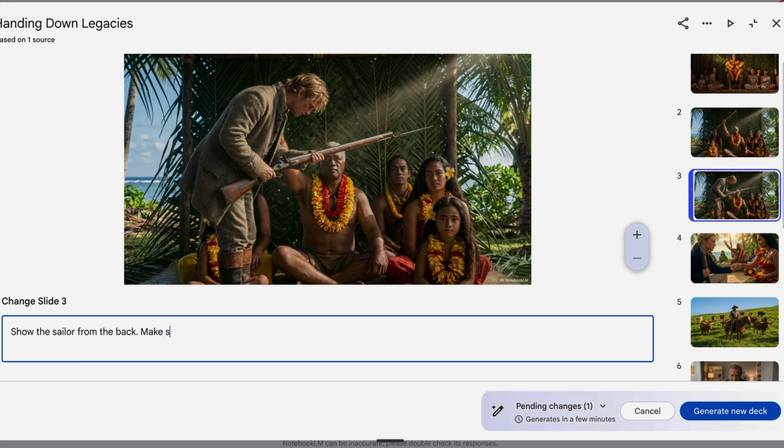Make sure Kamehameha is completely visible. Have the sailor holding the top of the musket with no bayonet.